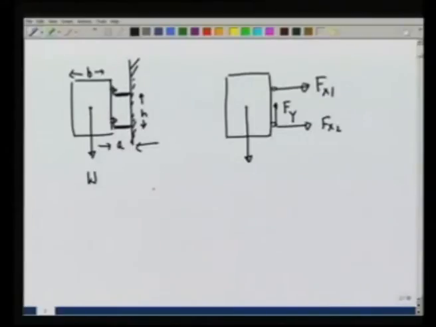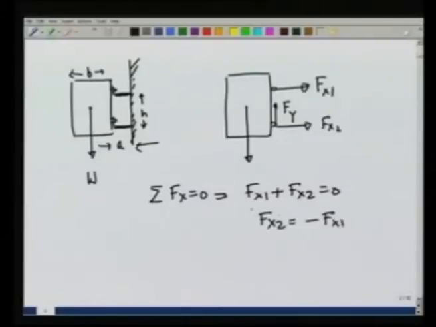Then the equilibrium conditions: the summation Fx is 0 gives me Fx1 plus Fx2 is equal to 0, or Fx2 is equal to minus Fx1.